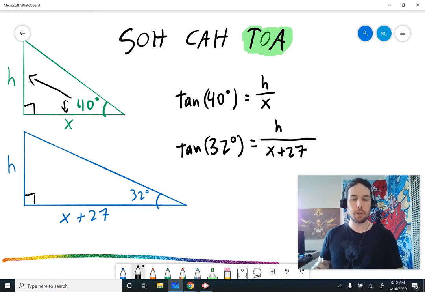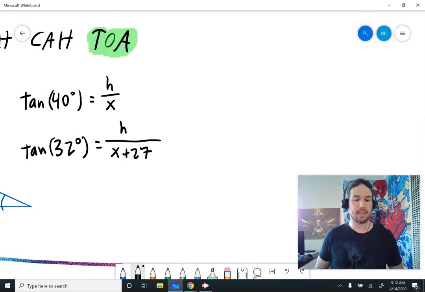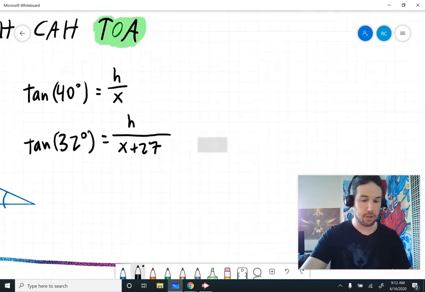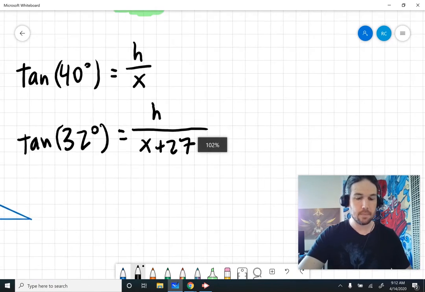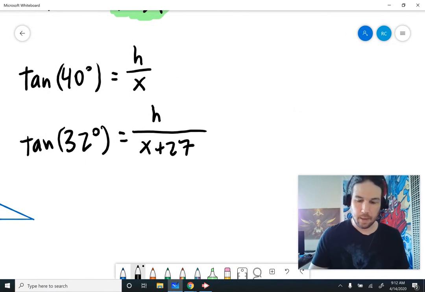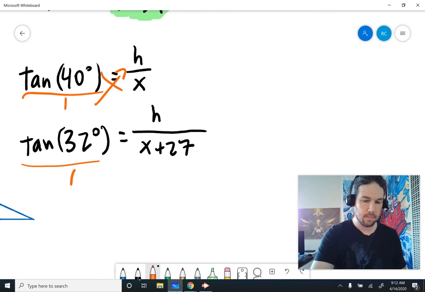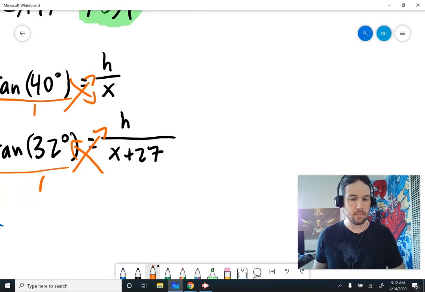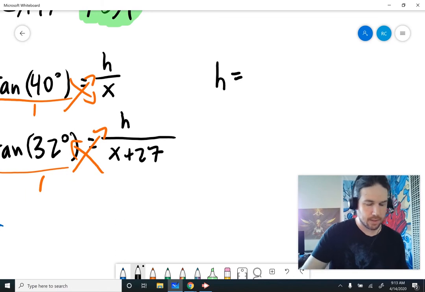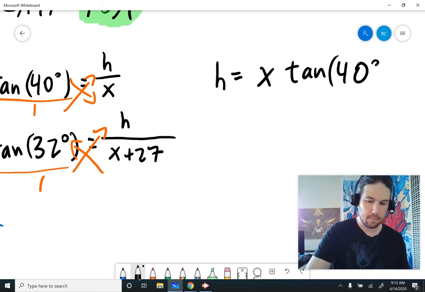So now that we've got the proportions, I'm going to get away from the triangles entirely, and we're just going to look at these two equations, okay? So on this top one, I'm going to do some cross multiplying on both of these. I'm going to make them both over 1. So I get, on this top one, h equals x times tangent of 40 degrees.